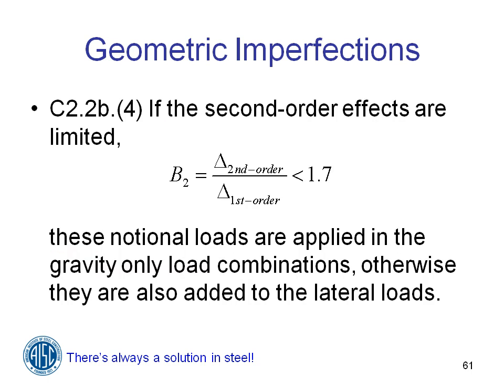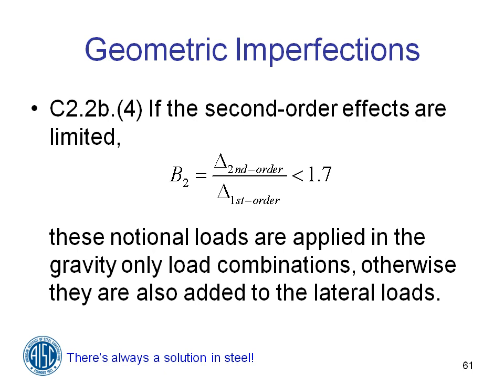Now, it goes on to say, if the second order effects are limited, in other words, if the second order displacement over the first order displacement is less than or equal to 1.7, the notional loads only need to be applied in the gravity-only load combination.